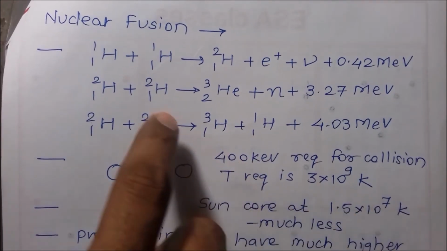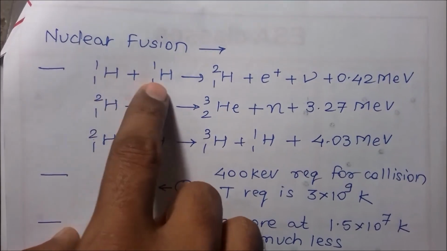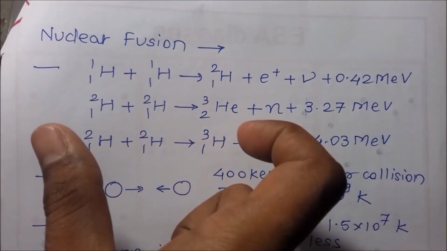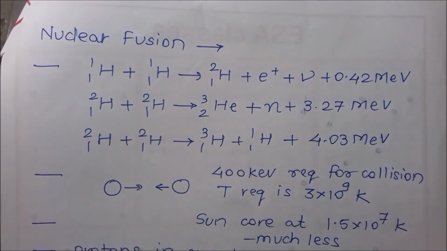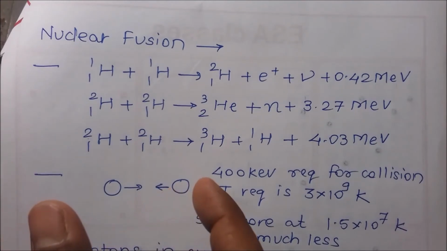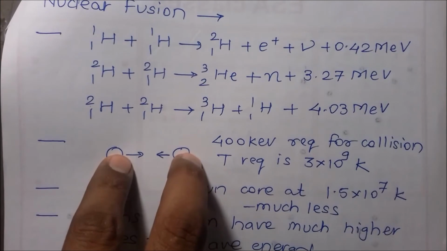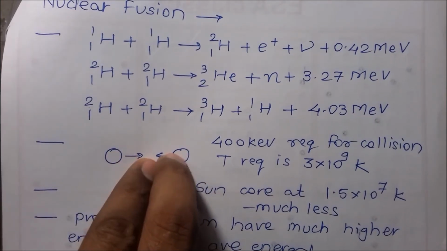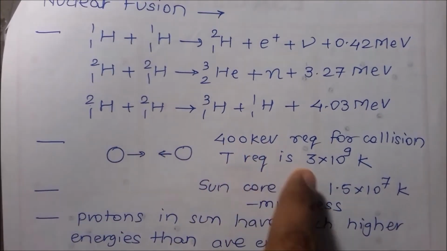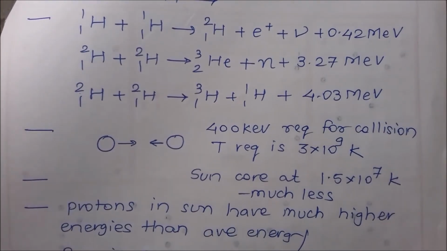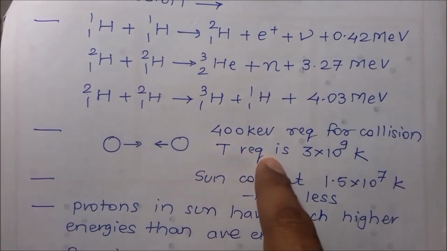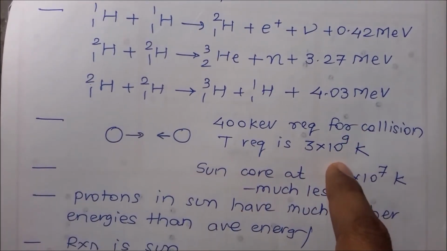For a fusion reaction, the nucleus of hydrogen and the nucleus of hydrogen should come very close to each other. For that, they need 400 kilo-electron volt energy, and the temperature required for that is 3 into 10 raised to 9.